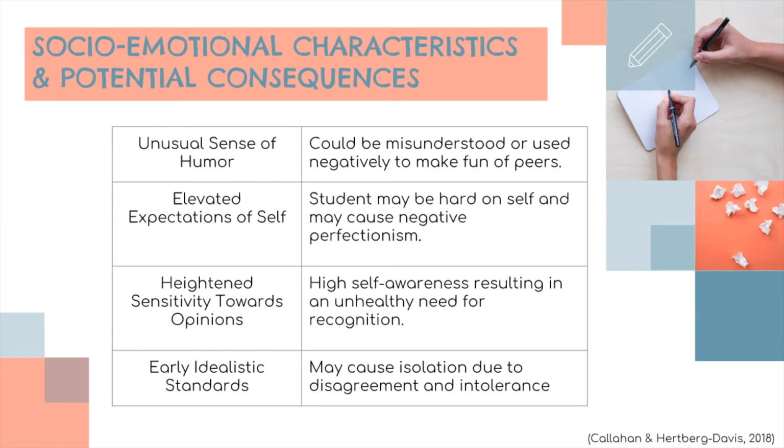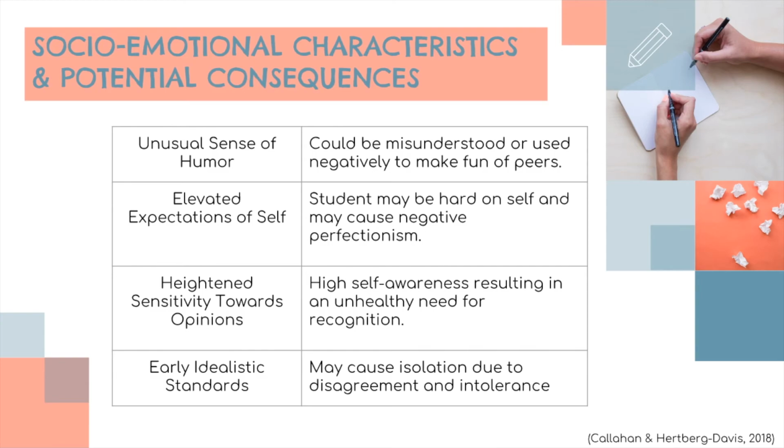Finally, pretty similar to the 3 points mentioned above, a gifted student could have early idealistic standards, meaning that they have this ideal that they want to reach and get frustrated if they're unable to get there. And this could cause, once again, them to be hard on themselves. And it could also cause isolation because of disagreement and intolerance.